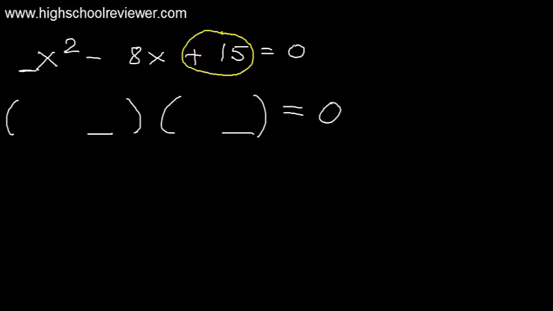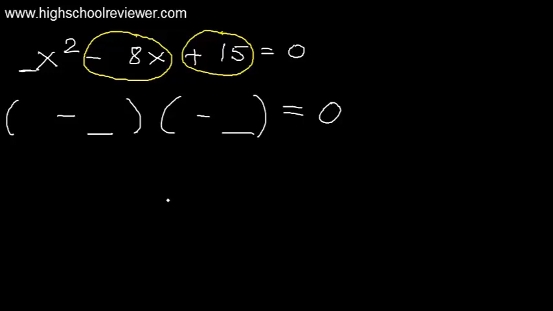And when we add the two, it will give us a sum of negative 8. Now since the sum is negative 8 and the product is positive 15, it is safe to say that the two numbers will both be negative.